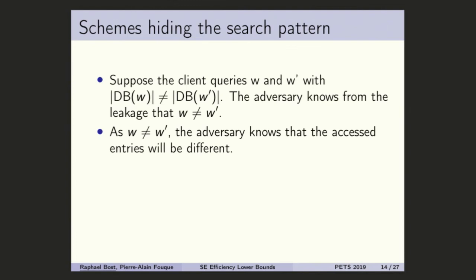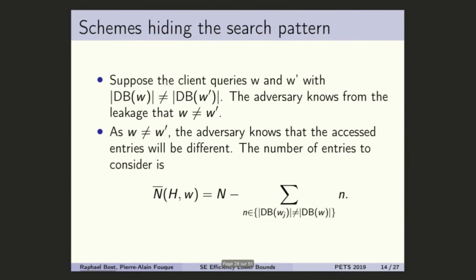So again, there is no point in hiding that you're accessing different entries. And it means that the number of entries you actually have to consider is not n, but more like n minus the number of already accessed entries in previous searches. I'm not getting too much into the details here, but you can discard all the entries that have been already accessed in searches with different search results.